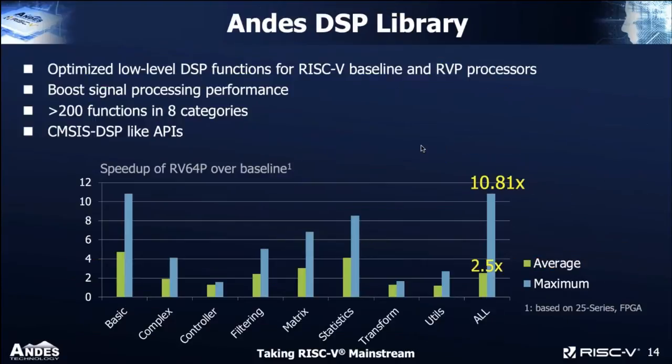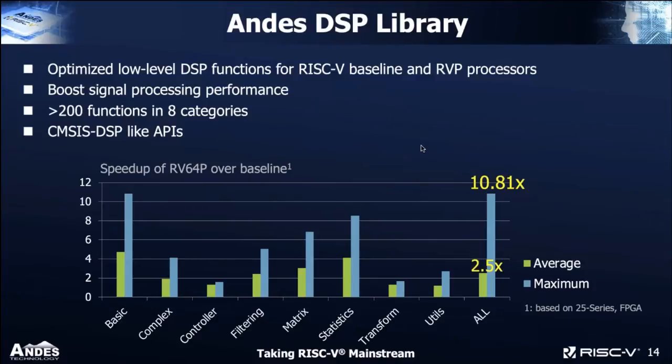So our DSP library is optimized for low-level DSP functions. These are basic building blocks of signal processing and run on both the baseline processor and the DSP-enabled processor. They boost signal processing performance. There are over 200 functions. And we make it with CMSIS-DSP library-like APIs to make porting code easier.